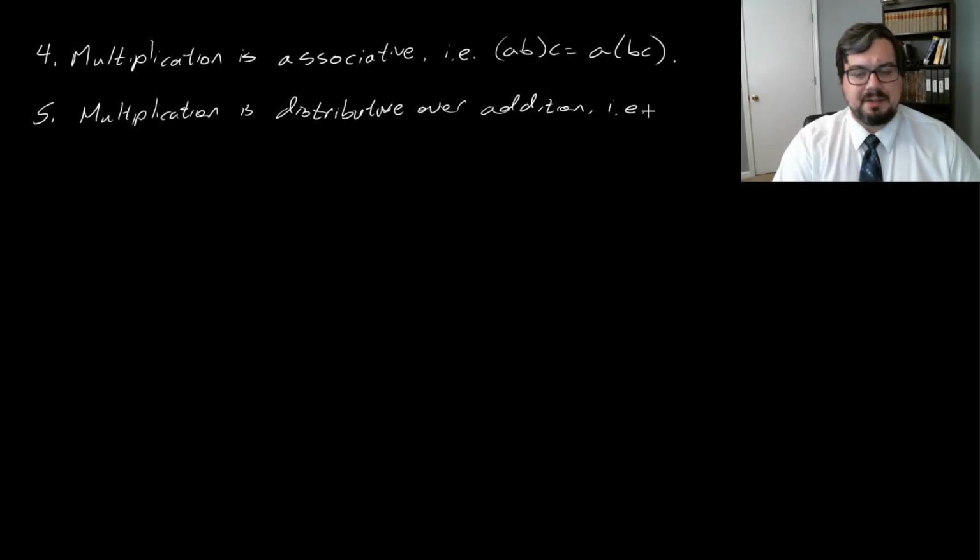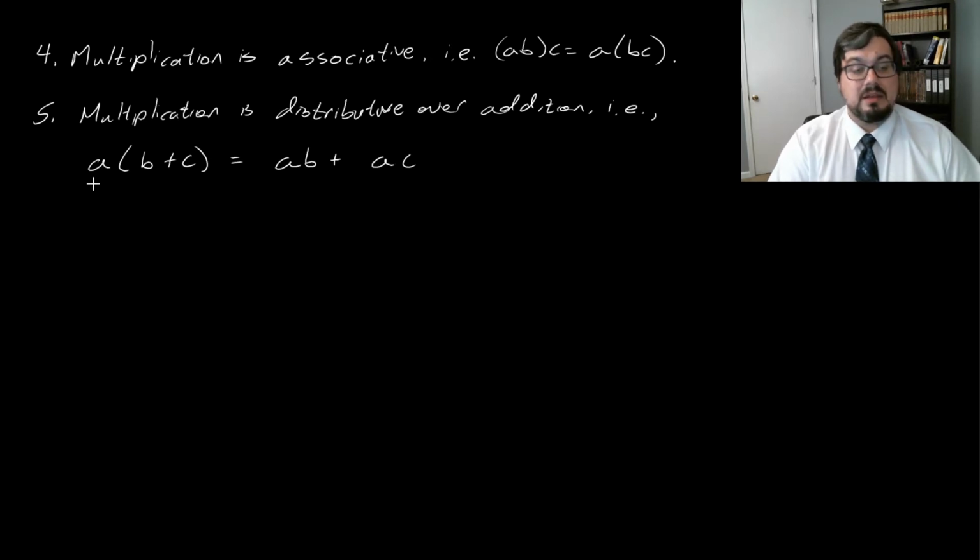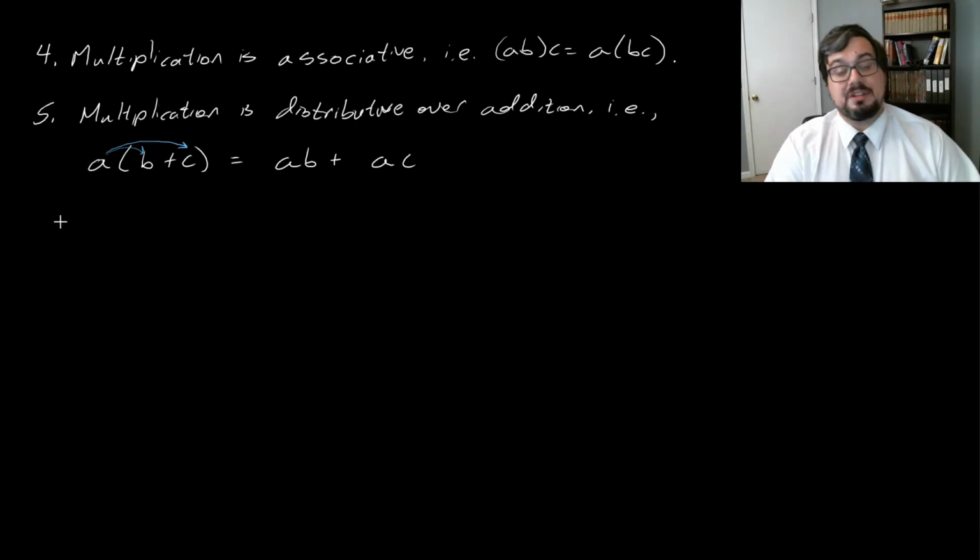Which is to say that if I have A times (B plus C), this equals AB plus AC. So we've multiplied A on the left, and that's equal to the expression we get when we take A multiplied by each of the summands inside.